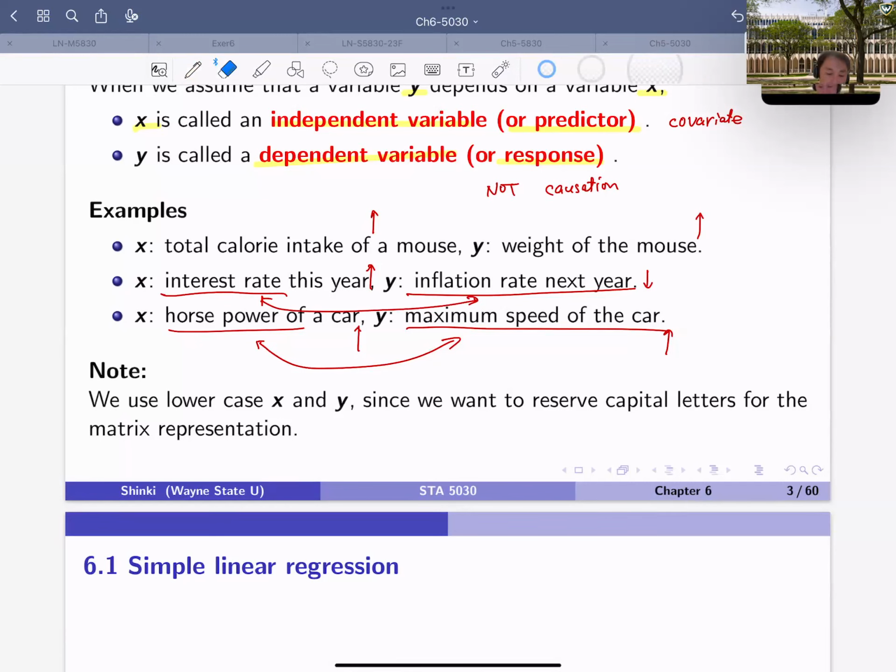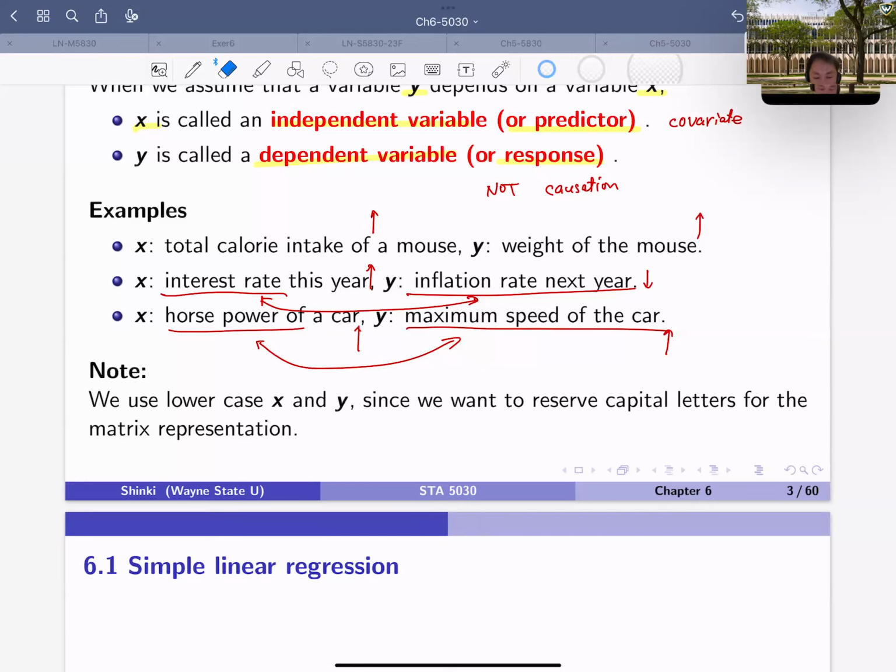If the inflation rate next year is lower, then it indicates that the inflation rate this year is higher. So this is just correlation, not causation.